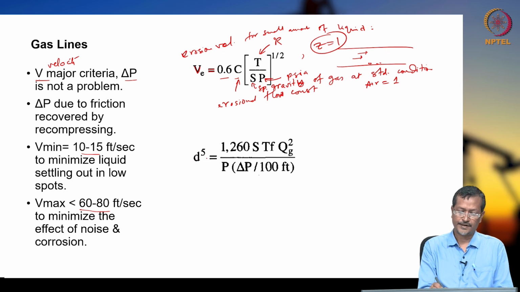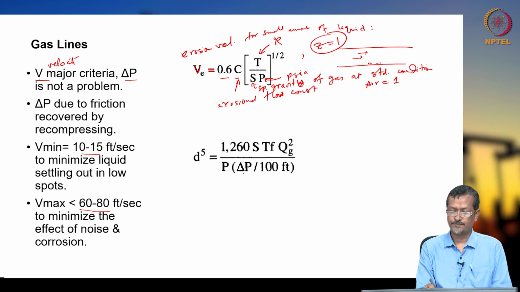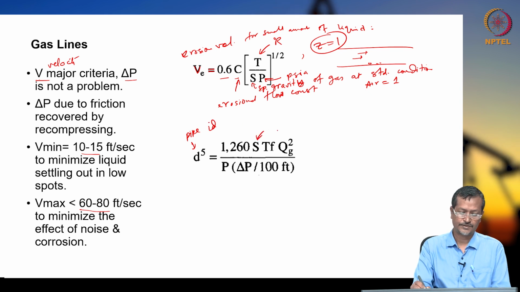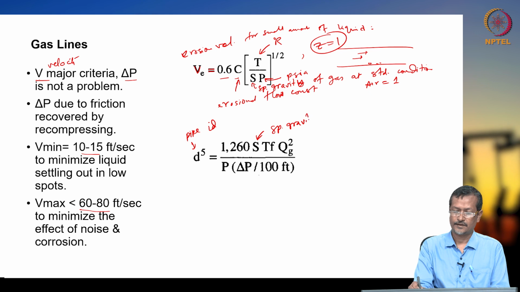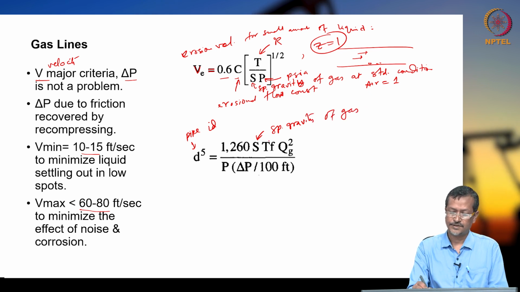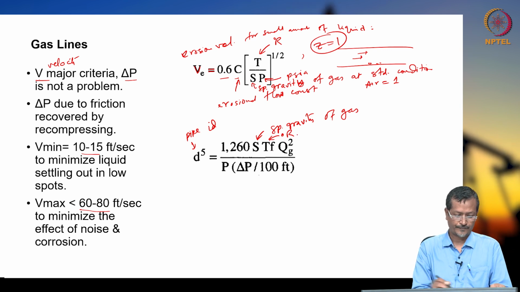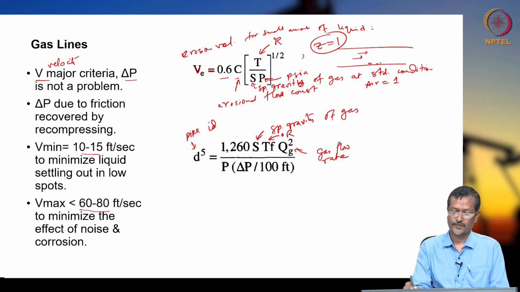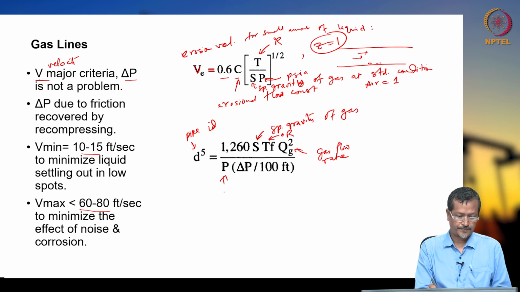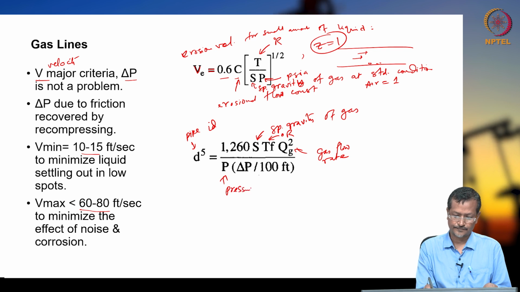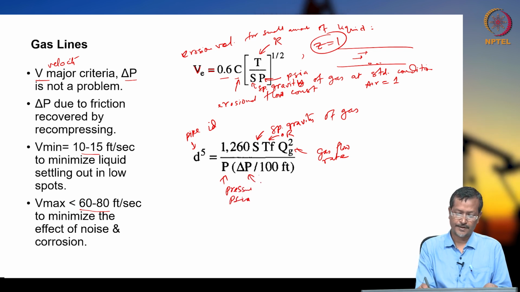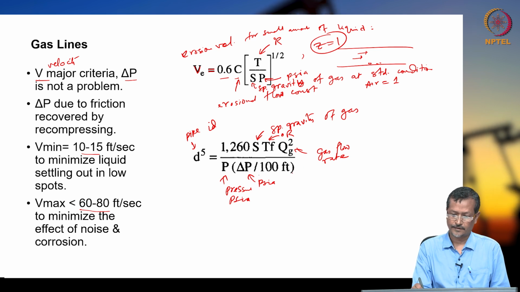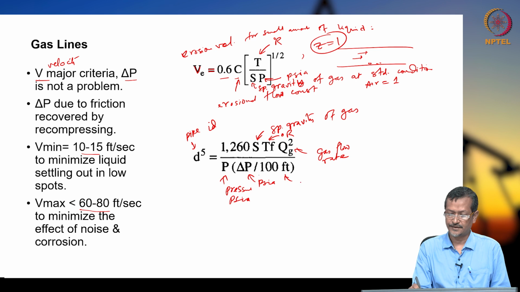Another formula is d to the power 5 equals 1260 S T F QG P by del P. D is the pipe ID, S is the specific gravity of gas, T is the Rankine temperature in degrees R, QG is the gas flow rate, P is the pressure in PSIA, del P is again the pressure drop in PSIA, and F is Moody's friction factor.